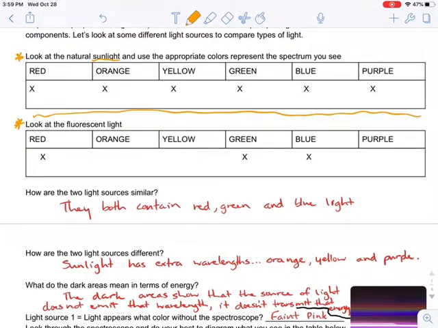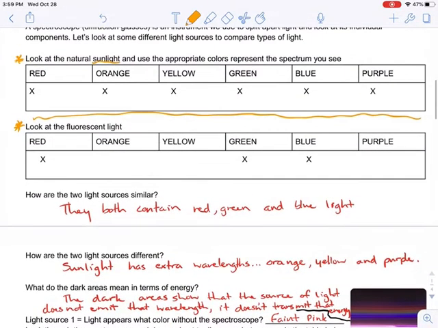It contains orange, yellow, and purple. In addition to that, sunlight also contains infrared wavelengths, and we know that because it gives us heat. And it's also going to contain UV. And UV is the one that is most dangerous because it is the highest energy of light.